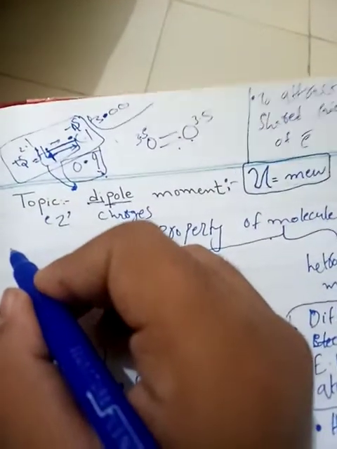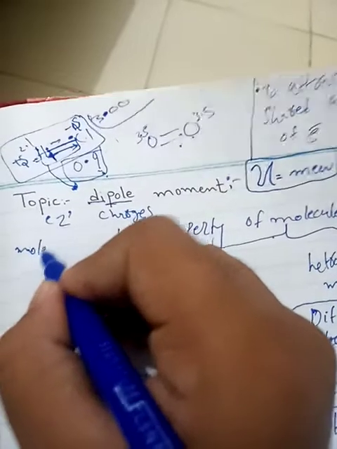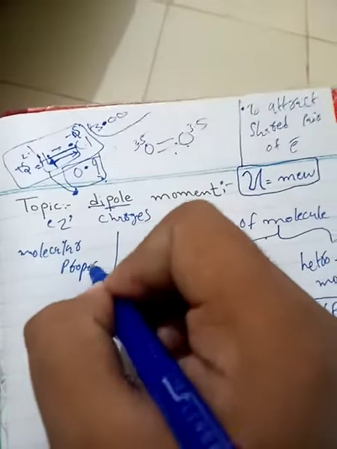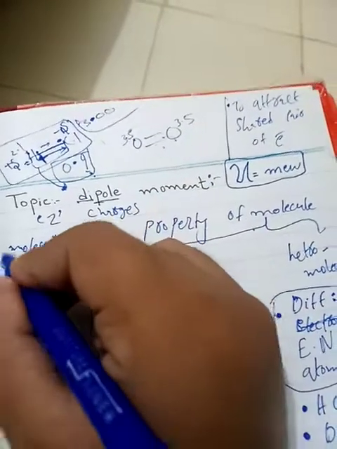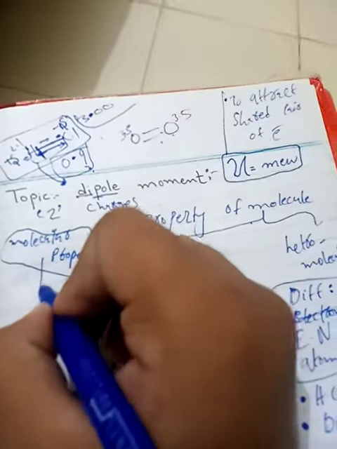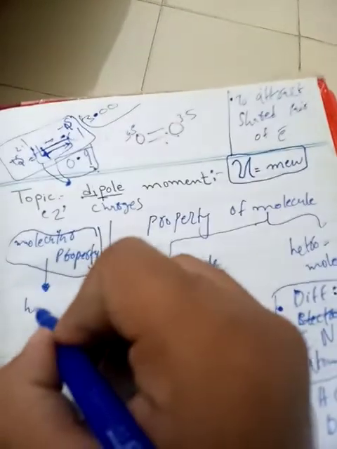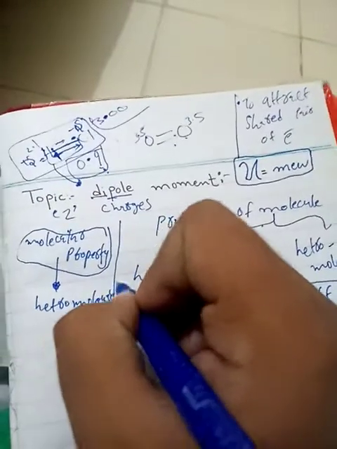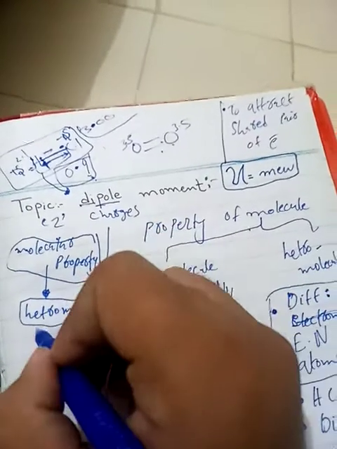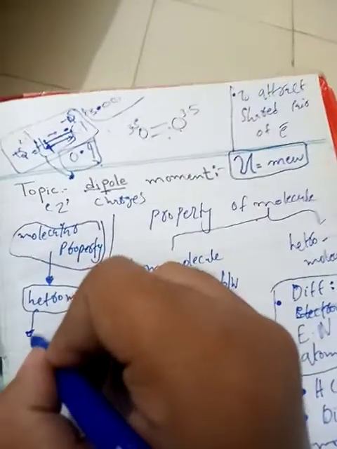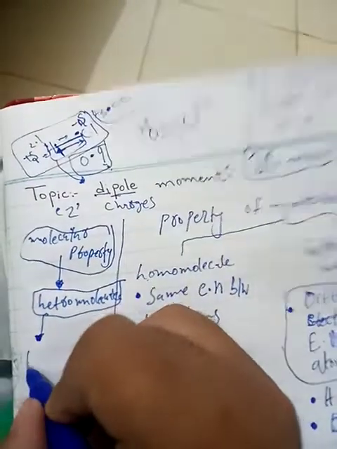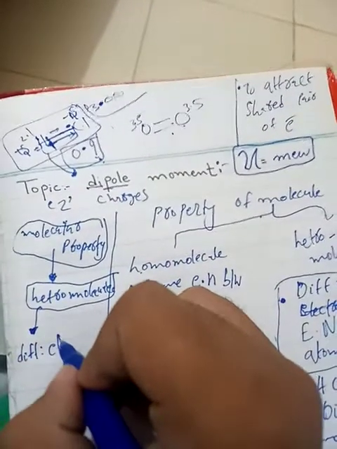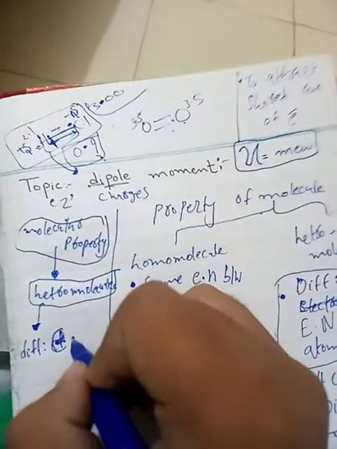It's a molecular property, and it is held between which types of molecule? Heteromolecule. Why between heteromolecules, and why not homomolecules? Because of different electronegativity.